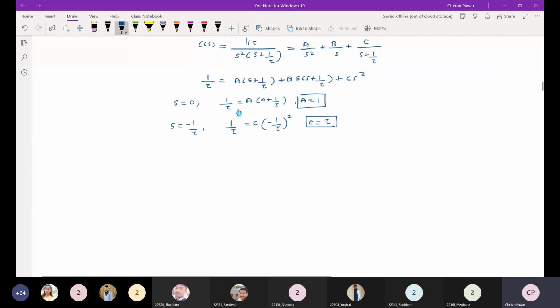Okay, so a is 1, right, and c is tau. So put that into this equation.